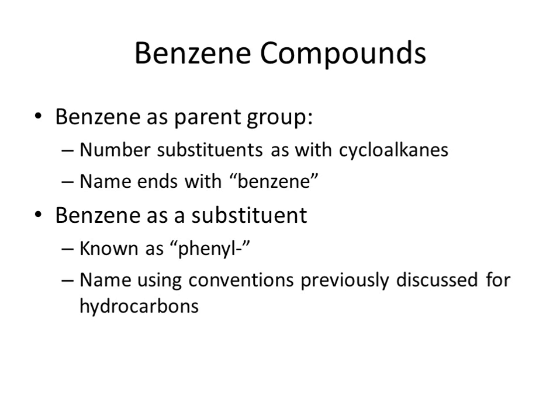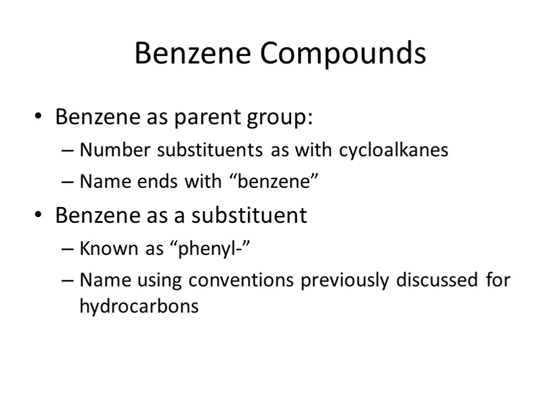You actually have to add a prefix to indicate how that attachment is taking place, whether it's on a secondary or a tertiary carbon of the substituent. We're not going to quite get into that at this point. But anyway, getting back to benzene being treated as a substituent, its name then becomes phenyl, P-H-E-N-Y-L, and that's important to note.